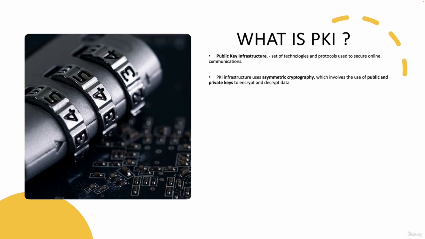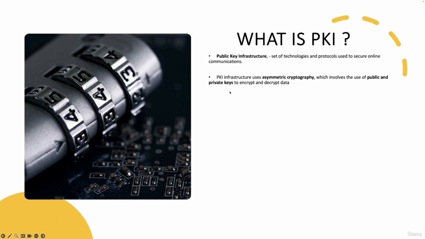So PKI is based on asymmetric cryptography. Now you can imagine why we studied asymmetric cryptography, right? Because if we hadn't studied asymmetric cryptography, we wouldn't have understood the importance of PKI or how PKI works. And by now, I think everybody who's watching this video can raise their hand and say, I know asymmetric cryptography.